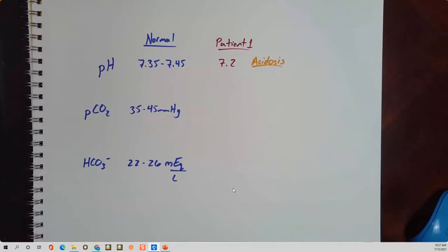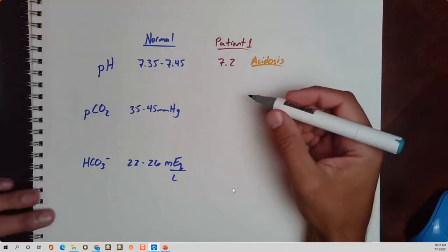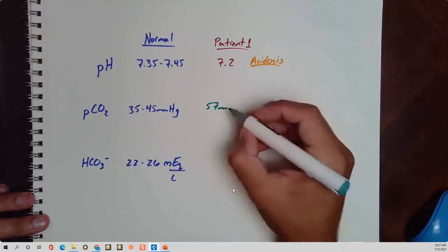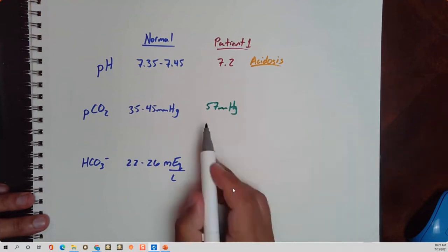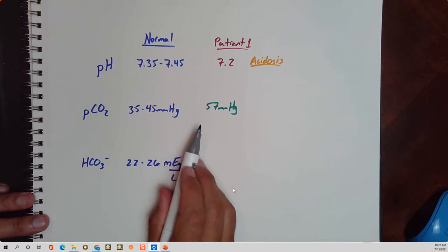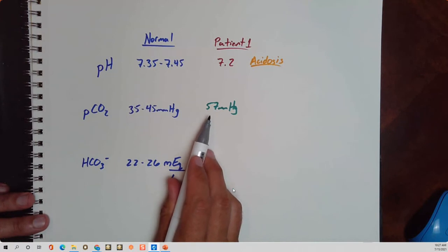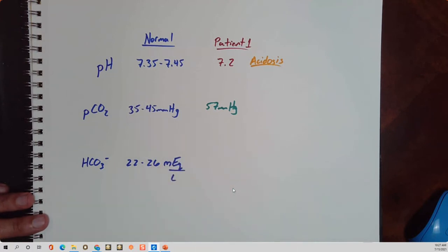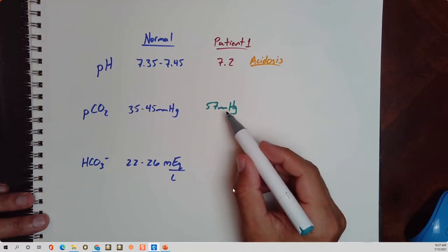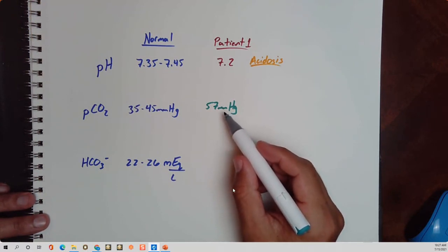Now let's look at patient 1's partial pressure of carbon dioxide, and let's say it is 57 millimeters of mercury. Is this too high or too low? We'll get there, Tariq, you're not wrong. Step by step, because I want to make sure everybody's on board. If I have too high carbon dioxide, then I'm making too much carbonic acid.